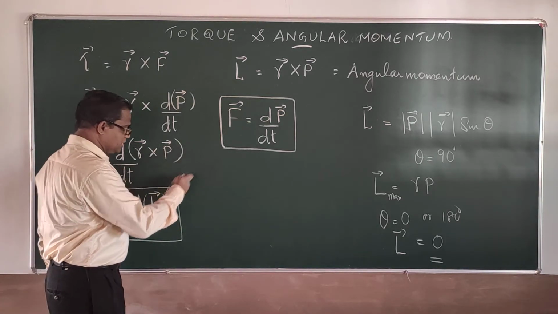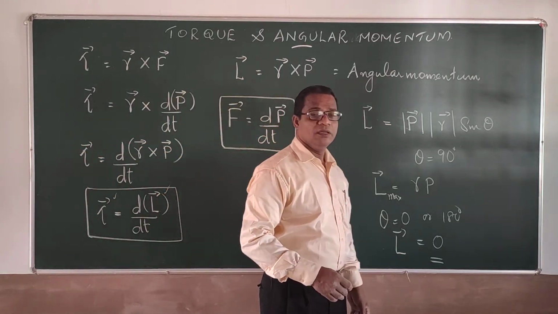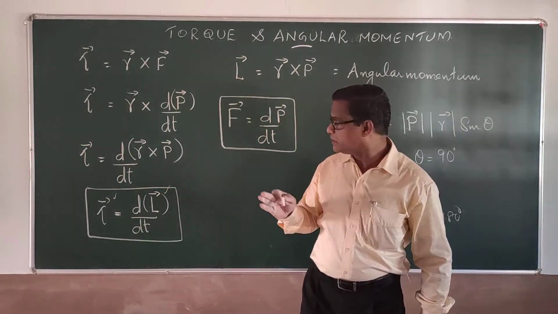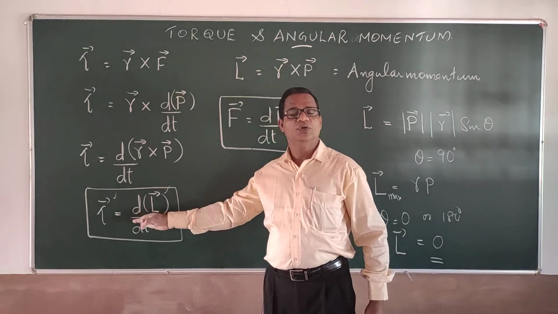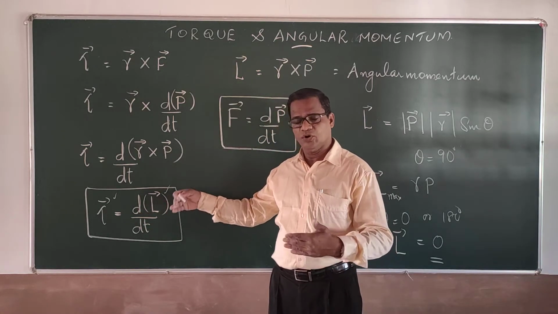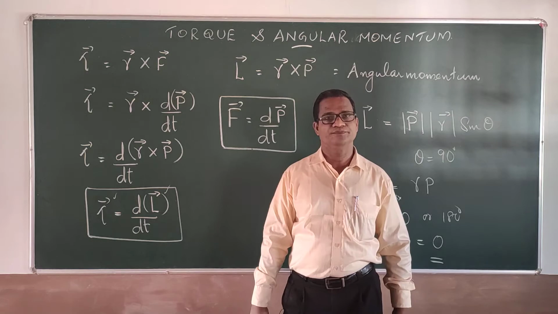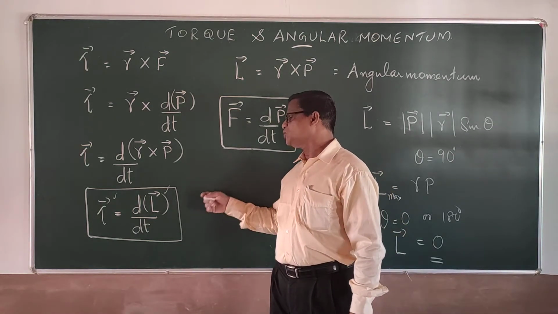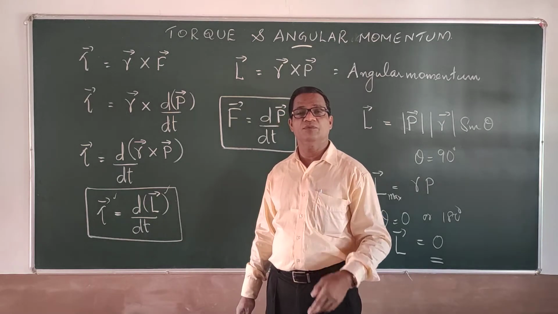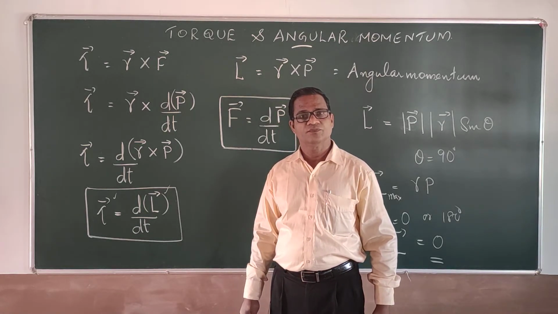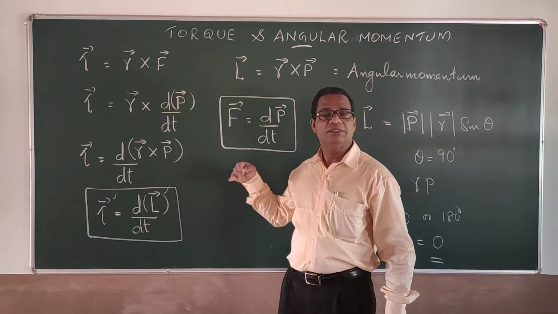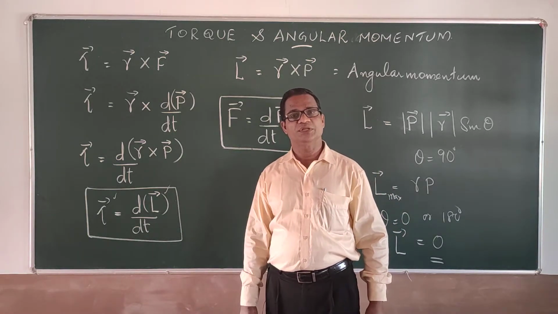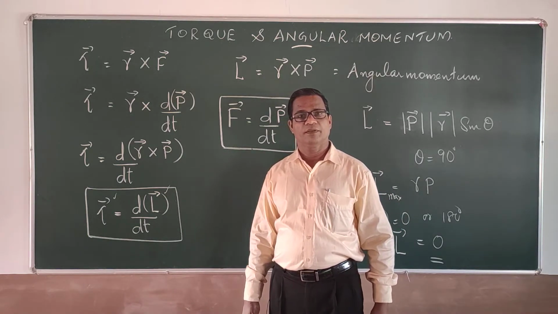So when we are getting equations like this, comparable, there is a connection between linear motion and angular motion. Based on this, you can define three laws of rotational motion and also the three equations of rotational motion are possible.